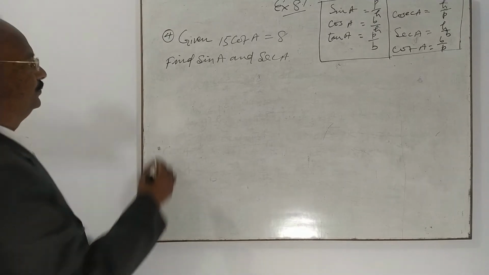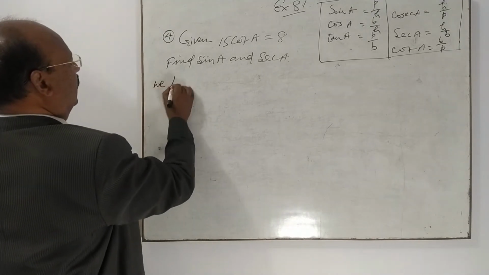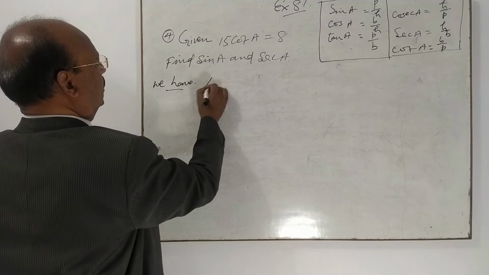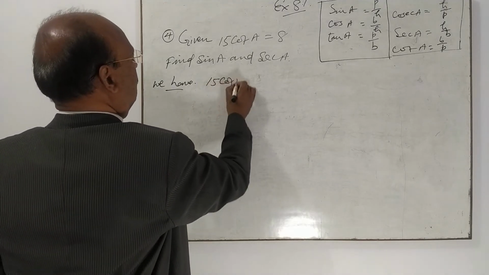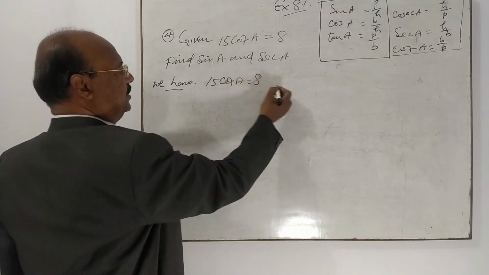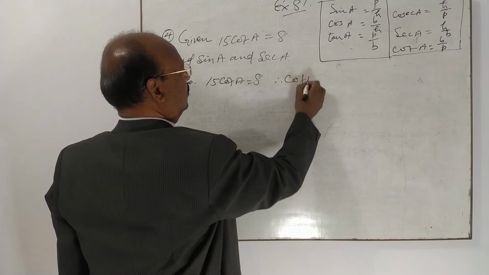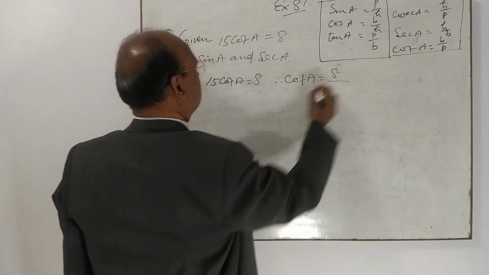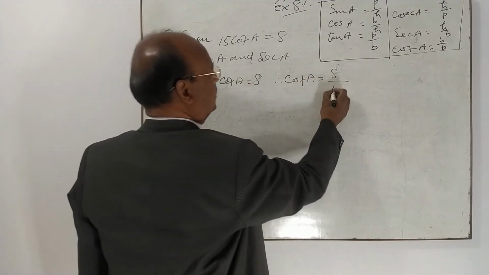You see, we have 15 cot A is equal to 8, and therefore cot A is equal to 8 by 15, transposing the 15 to the right hand side.